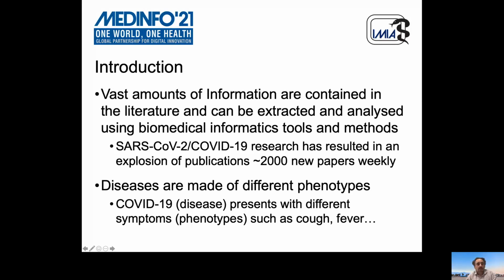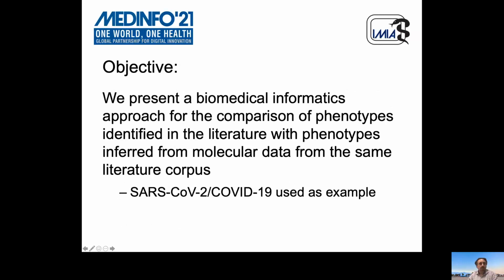Together with this, we have to keep in mind that diseases are made of different phenotypes. And this is important and relevant information if we want to understand the mechanisms of the diseases. For example, in COVID-19, which is a disease, we can identify different symptoms or phenotypes such as cough, fever, and others.